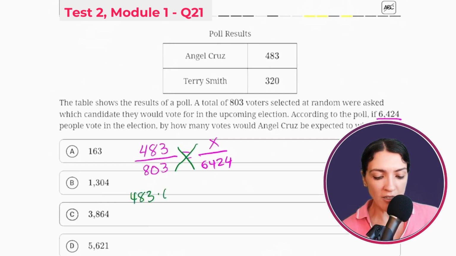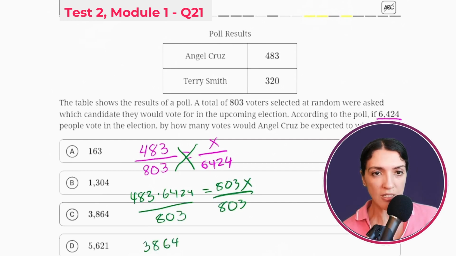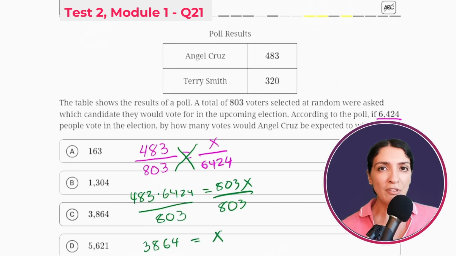So if we calculate this, we can divide both sides by 803, and you will get that Angel wins 3,864 votes. Now, this is choice C, but they were not asking us how many votes Angel would win.